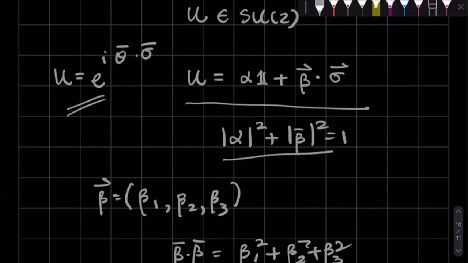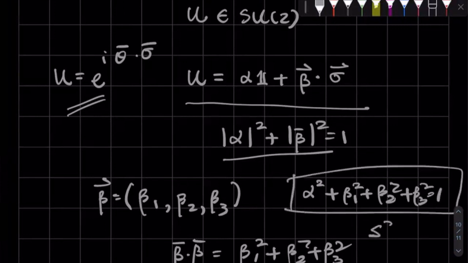So this equation is alpha squared plus beta 1 squared plus beta 2 squared plus beta 3 squared equals 1. This is the equation of a three-dimensional sphere. Right? Yeah.